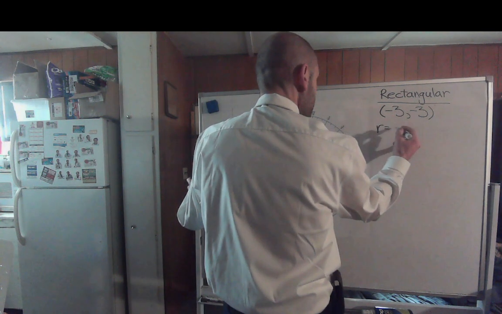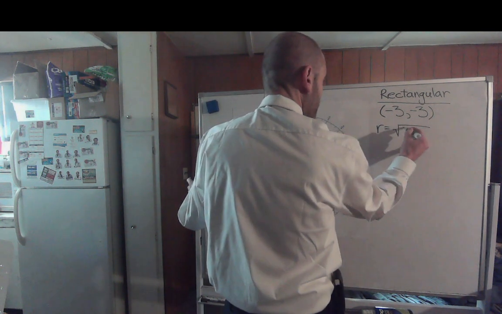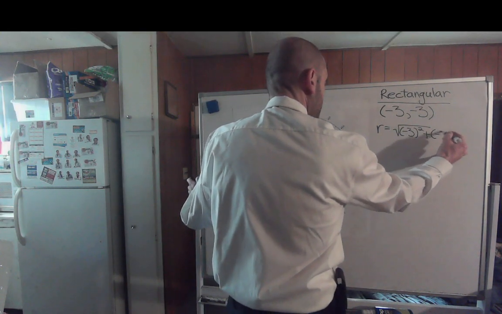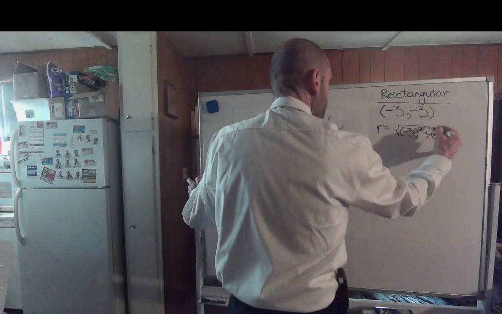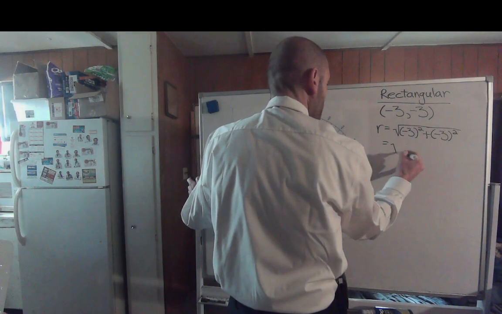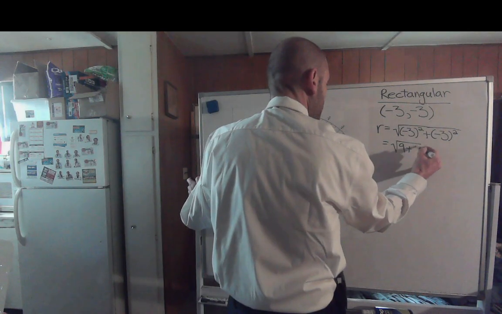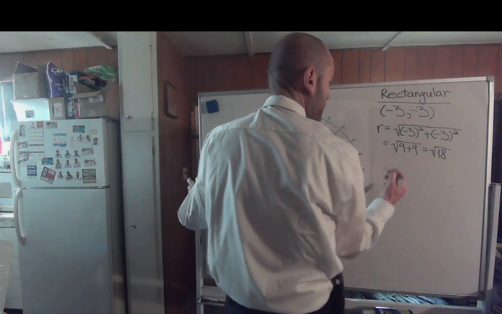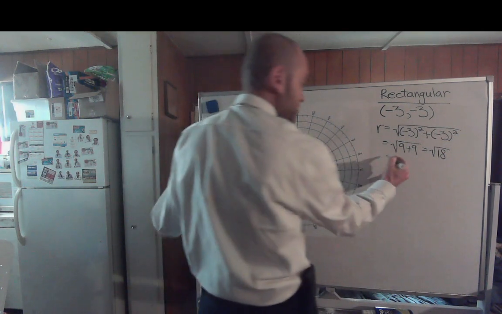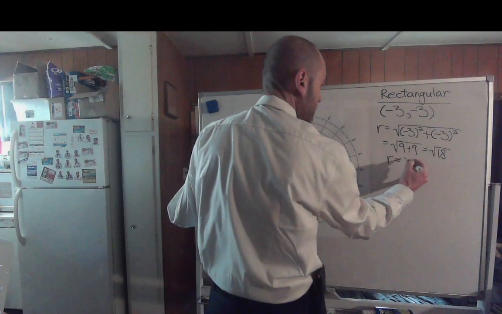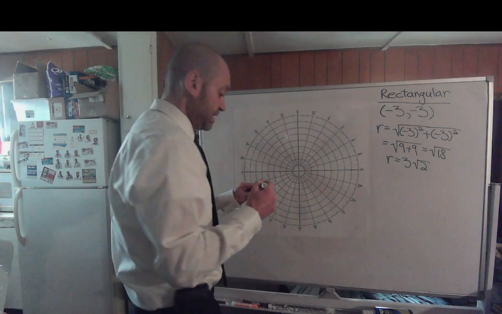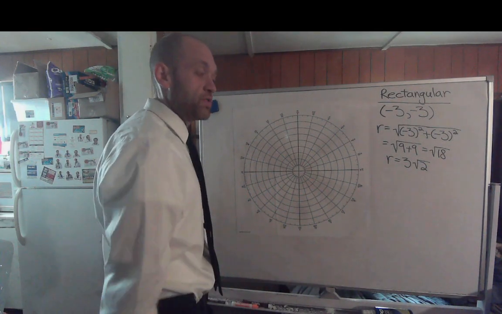The radius equals the square root of that -3 squared plus that -3 squared, which would equal the square root of 9 plus 9, which equals the square root of 18. Well, the square root of 18 simplifies into the square root of 9 times 2, which would be 3 times the square root of 2. So we have a radius of 3 times the square root of 2.